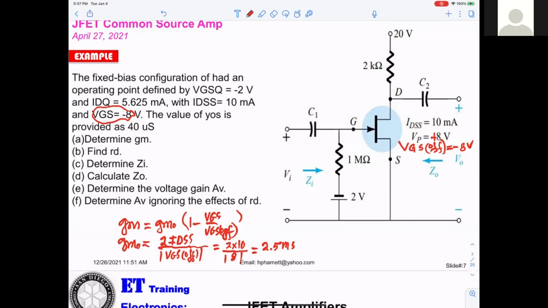GM equals GM0, that means 2.5, times 1 minus VGS, which is minus 2, divided by minus 8.